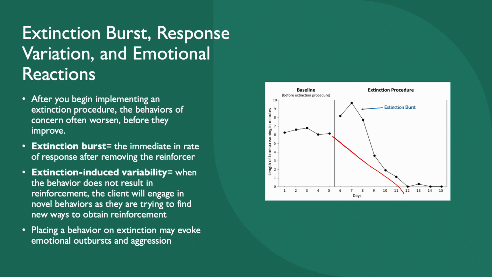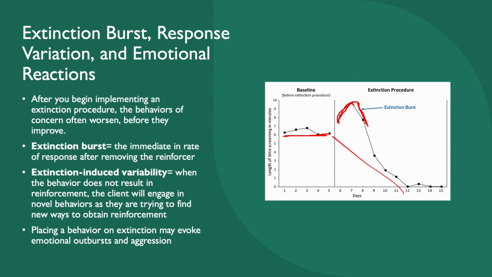Well, that's because with an extinction procedure, we always will see, or almost always will see, the extinction burst, which is where the behavior gets worse before it gets better. So you see that peak where it increases. Notice how the baseline levels are over here, okay? And then the behavior actually increases. This is that extinction burst.